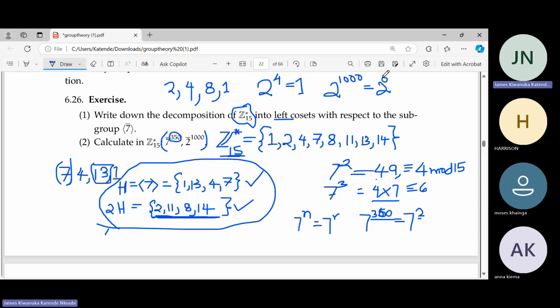So it's the same as the identity, 1. So in general, 2 raised to a multiple of 4 will always be equal to the identity, where 4 is the order of the element 2.